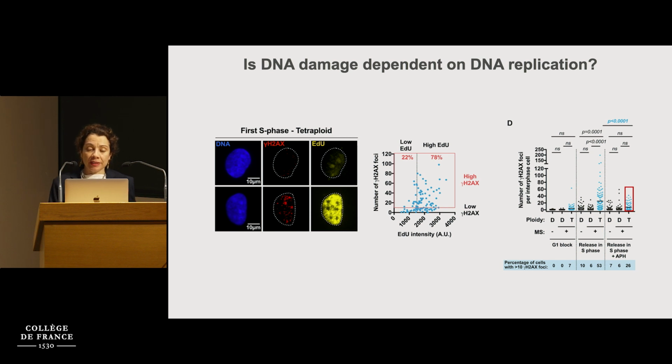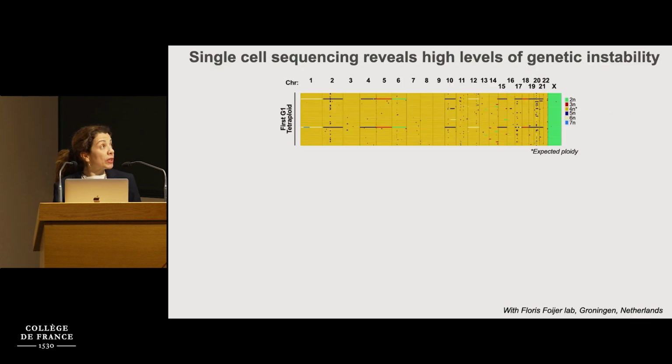Now, since there were these defects in S phase, we wanted to understand in which way this will lead to genetic instability. And so we characterized the level of genetic instability in G1. These are single cell DNA sequences. Each line is a cell, and here you have the chromosomes, and you can see that, as expected, karyotype of 4N.